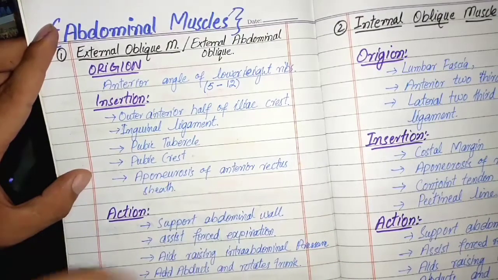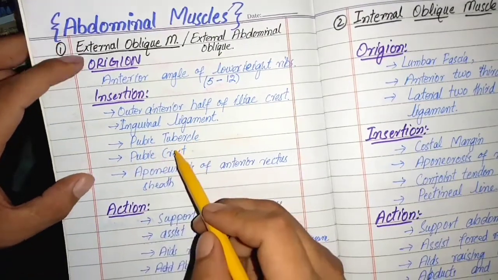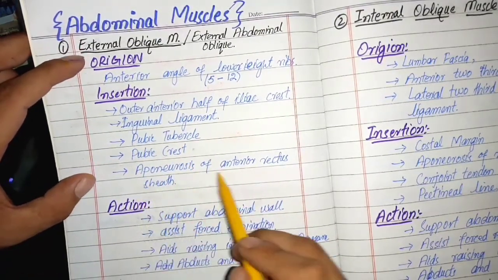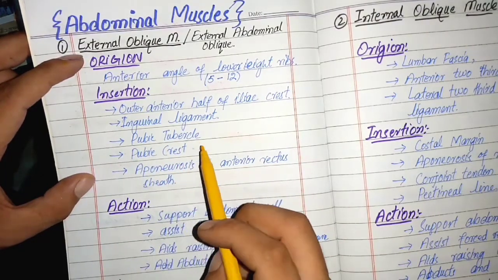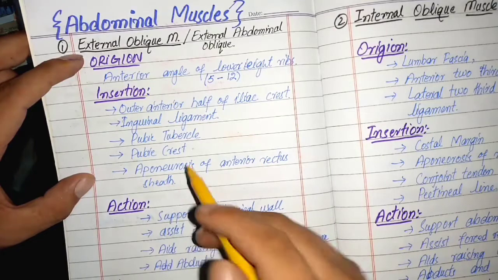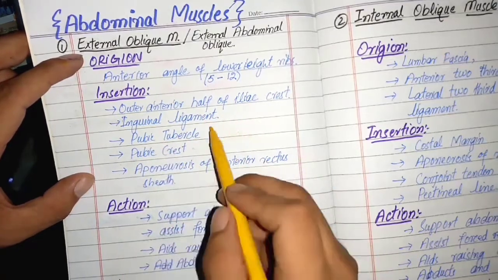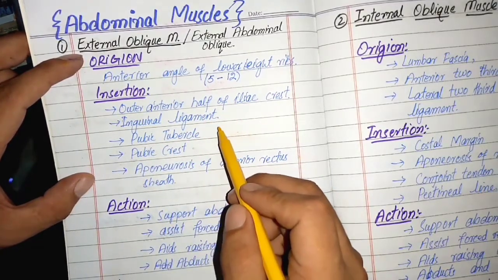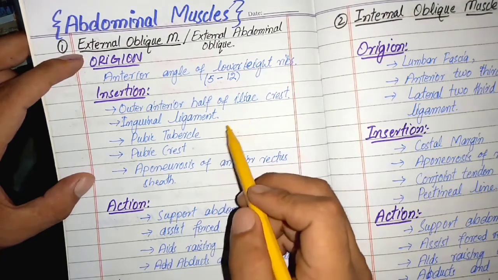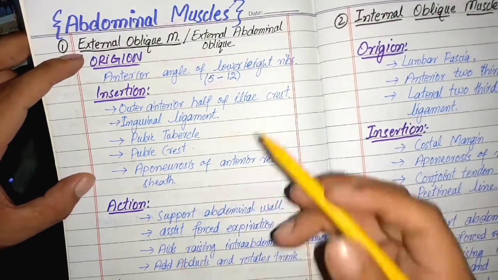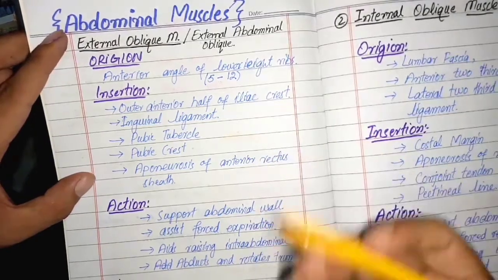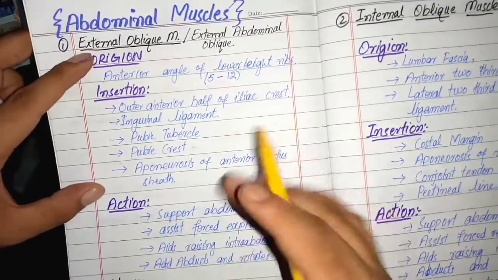It is also inserted to the inguinal canal, pubic tubercle, pubic crest, and the aponeurosis of the anterior rectus sheath. The pubic tubercle is also a part of the hip region. If you are not familiar with these terms and terminology, we will discuss them all when we make the videos about pubic anatomy.